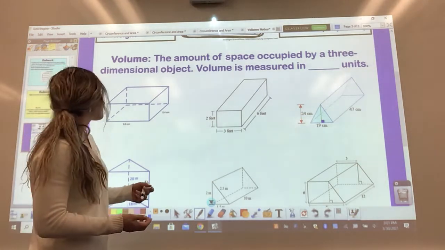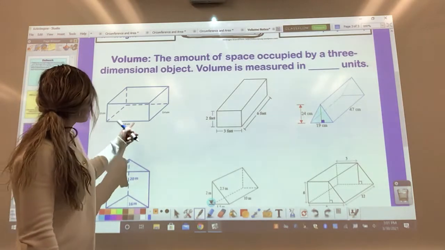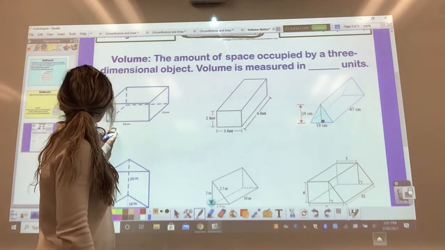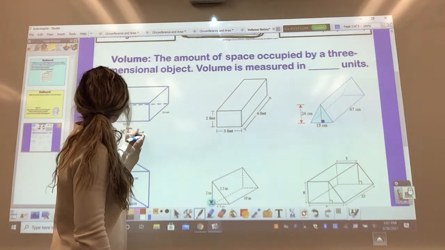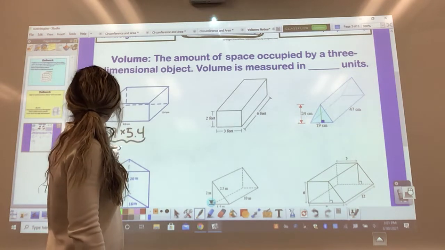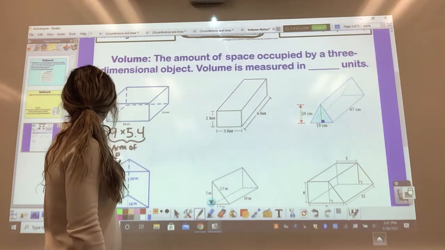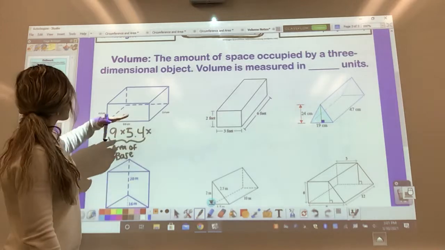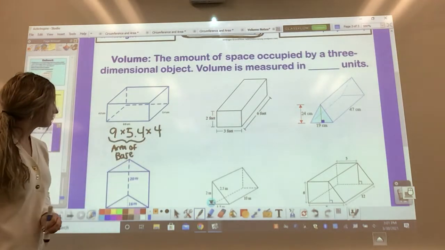So I would maybe do this bottom face as the base, so 9 centimeters times 5.4 centimeters. That's the area of the base. And I multiply that times the height, which would be 4.